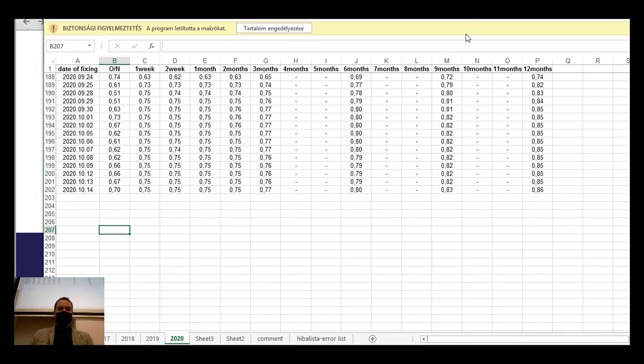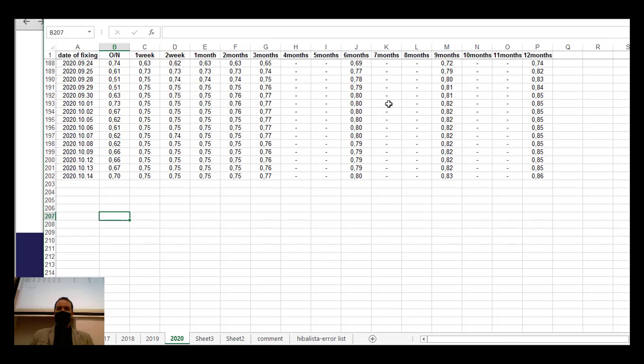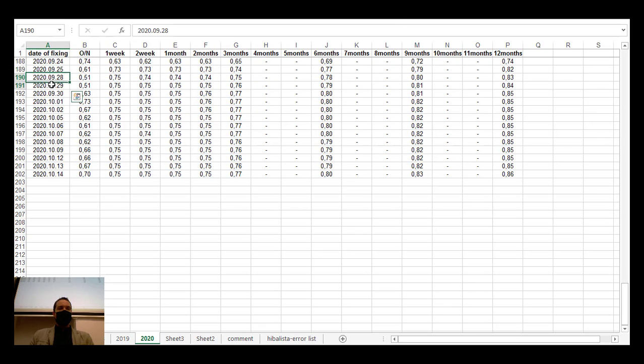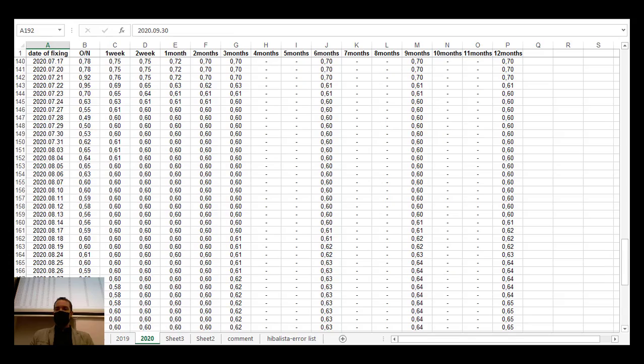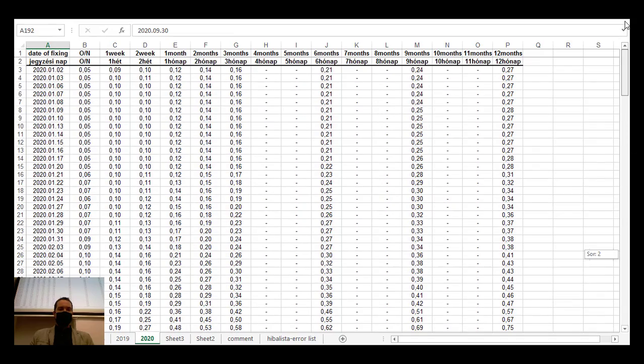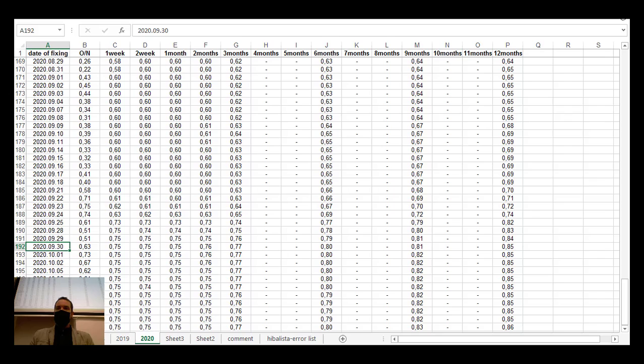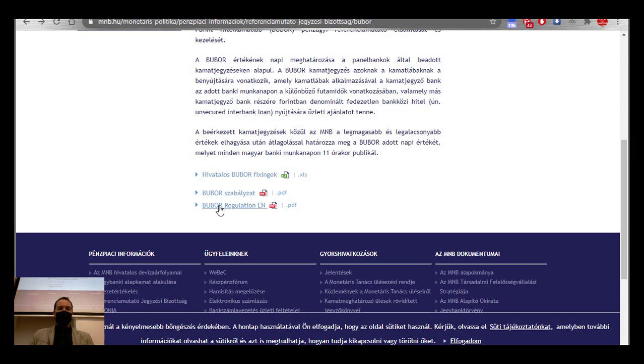At least the table is in English. But you can see that, for example, 4 months and 5 months are missing here, so it is just a bit reduced, but they are collecting data on every opening day. So that's all. Also, we have a regulation for that.